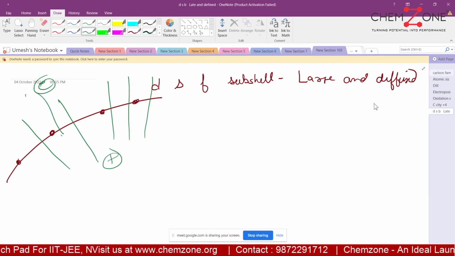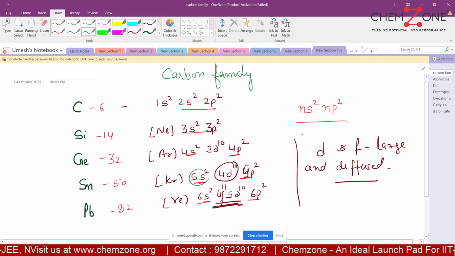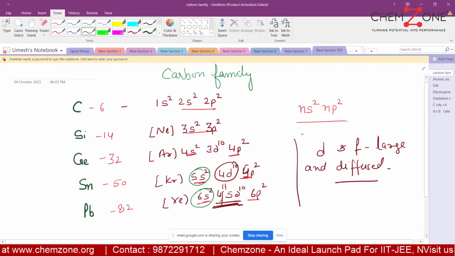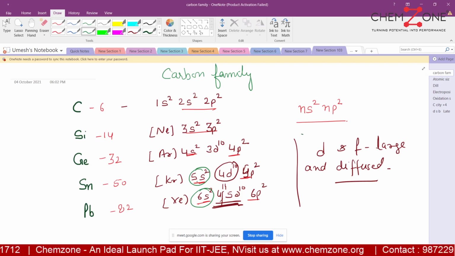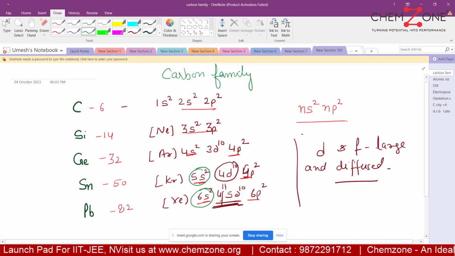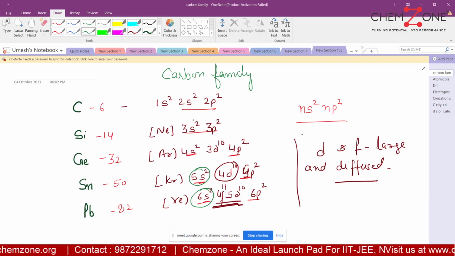Due to which this S pair of electrons goes inside. They are no more available in the outermost shell to take part in bonding.